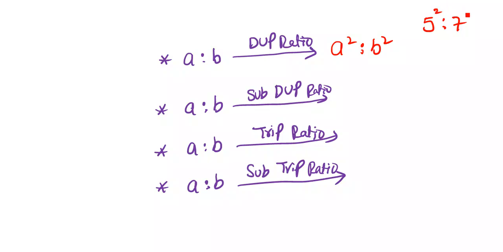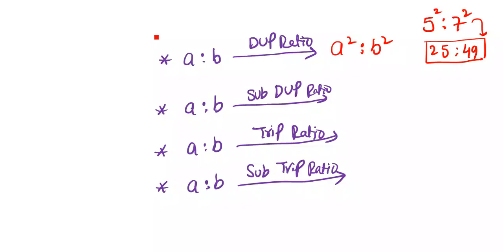What is the formula? A square is to B square. It means 5 square is to 7 square. 5 square is 25, 7 square is 49. That is the answer. So under 5:7 the duplicate ratio is 25:49. Clear? Just remember the formula.